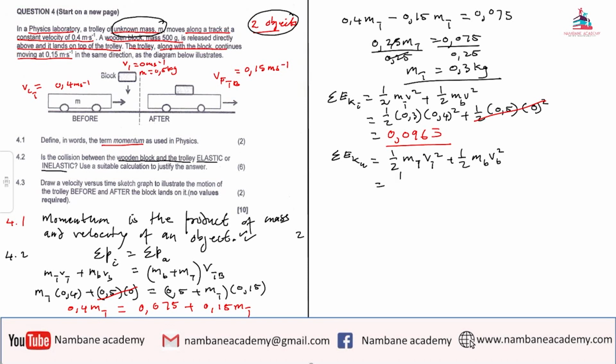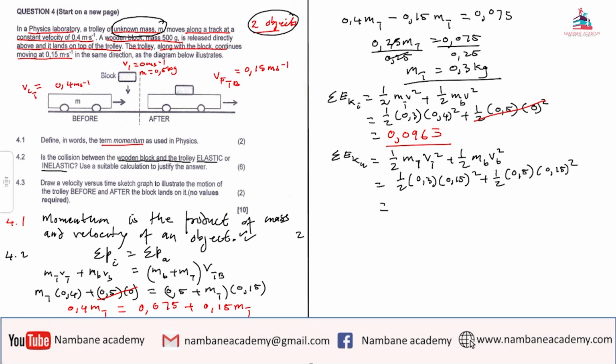There's something common here. They are moving together, so they have the same velocity. The velocity of the trolley is the same as the velocity of the block. Why? Because, ladies and gentlemen, they are moving together. So half of 0,3 times 0,15 squared plus half of 0,5 times 0,15 squared. Then we can calculate what is happening here.